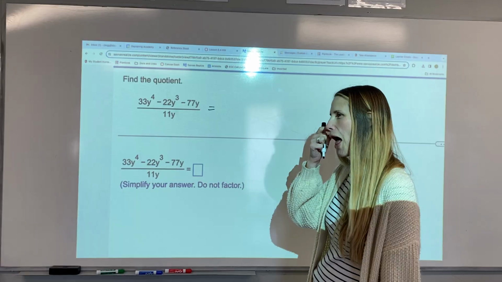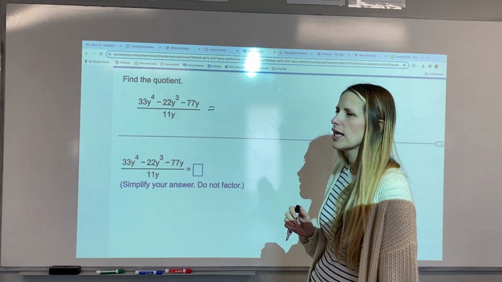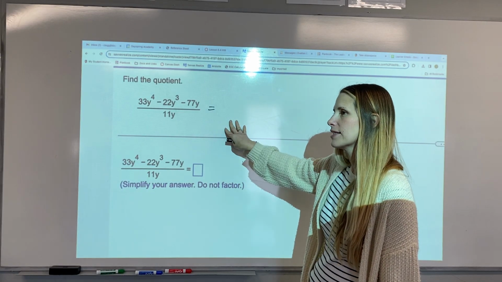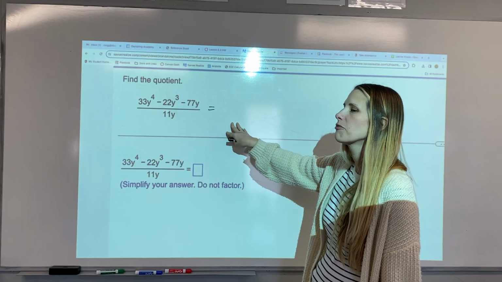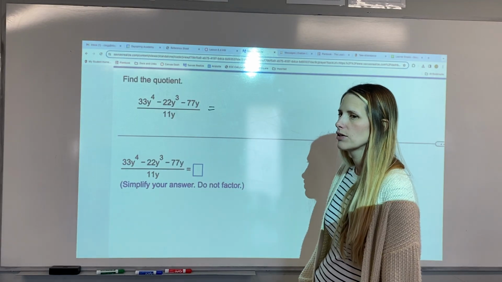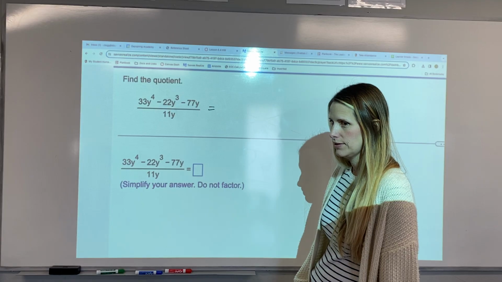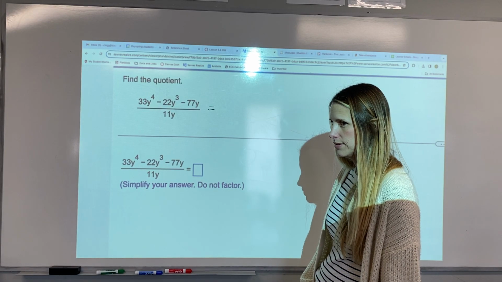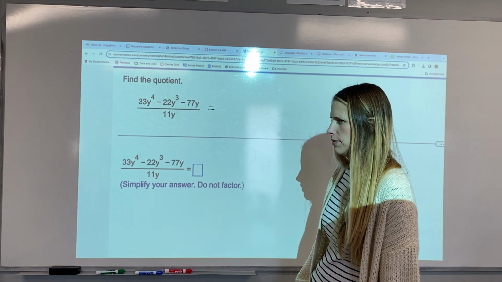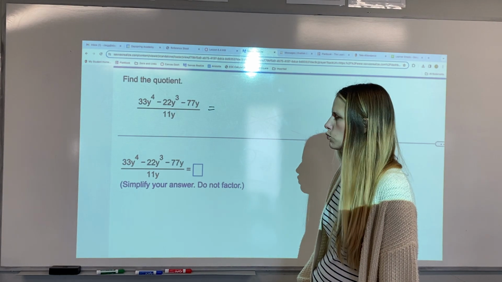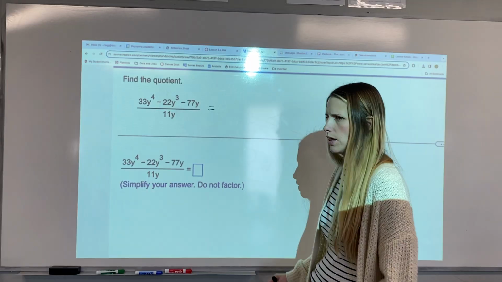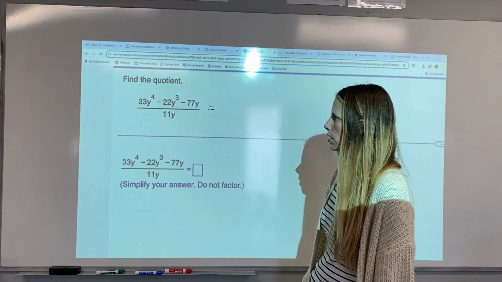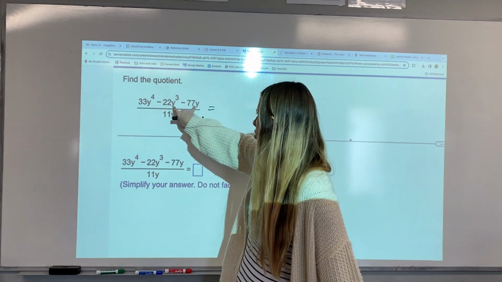This isn't from today's lesson. This is from Friday's lesson. You do the equation that's on the top, in the numerator, like you do that first. So you're saying to subtract. You can't subtract these. They're not like terms.